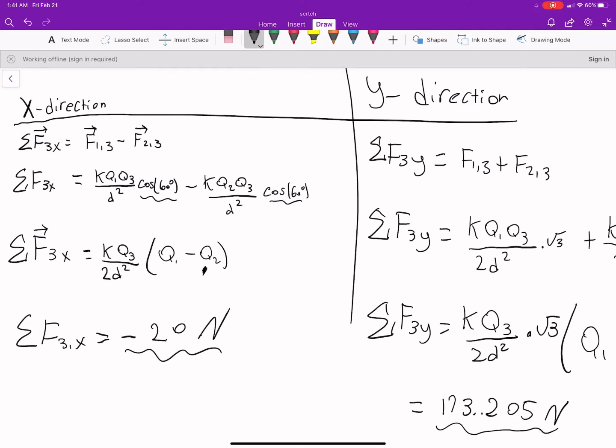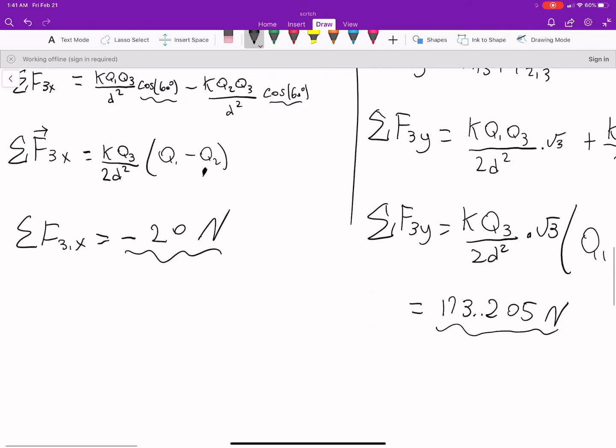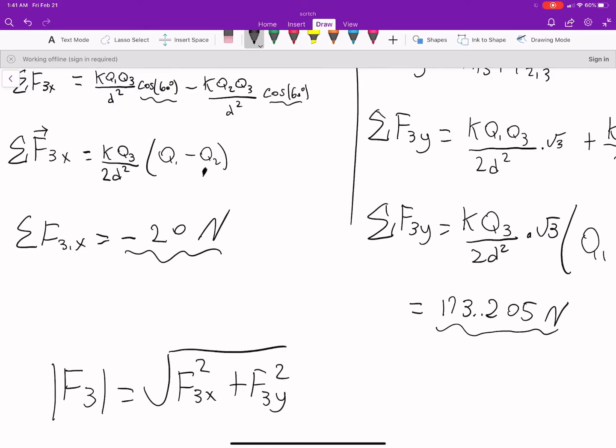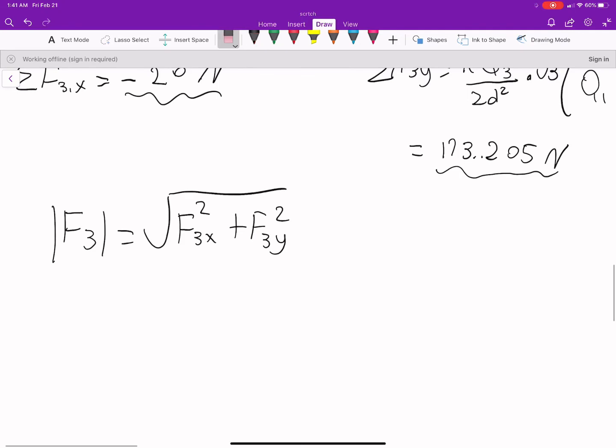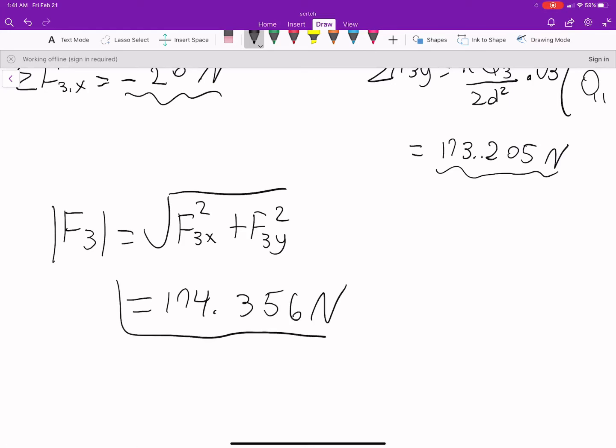So now that we have this, the force of 3 is the square root of f3x squared plus f3y squared, which, when you plug in, is about 174.356 newtons.